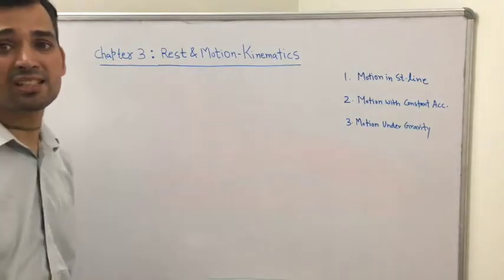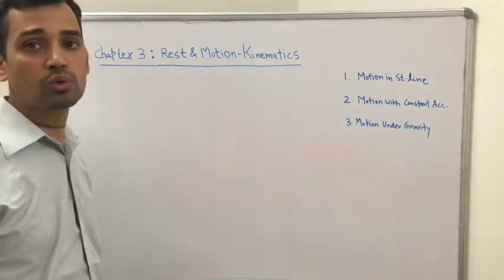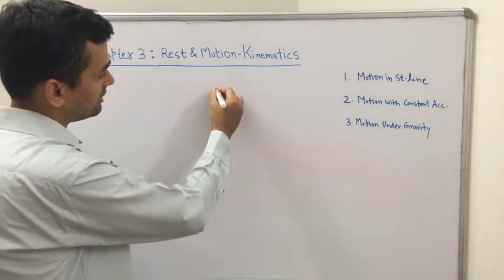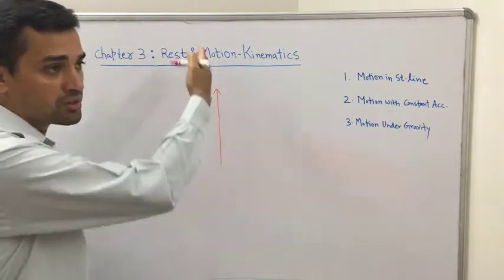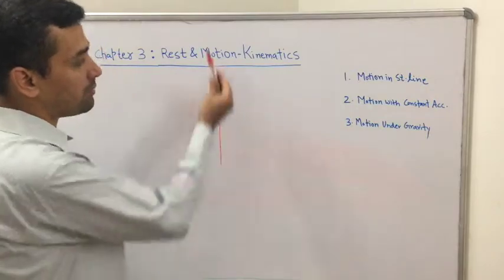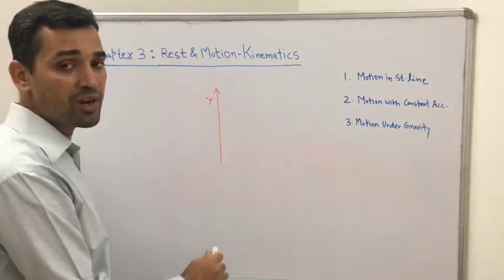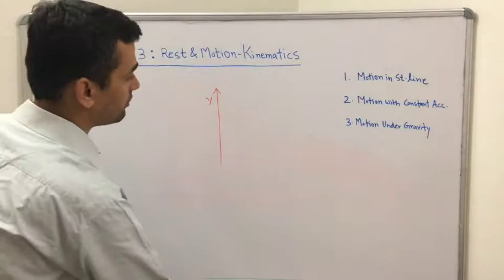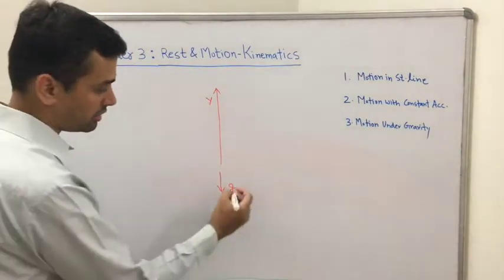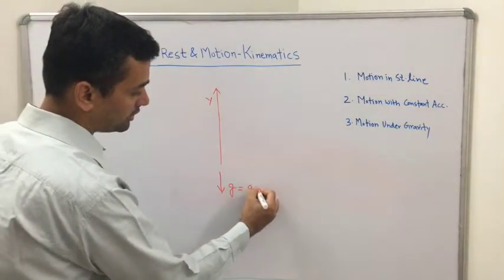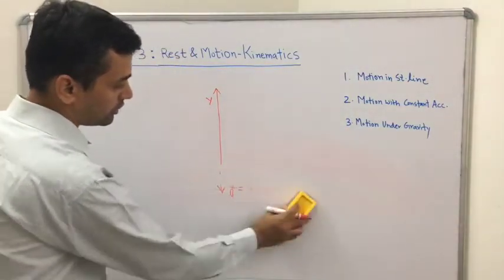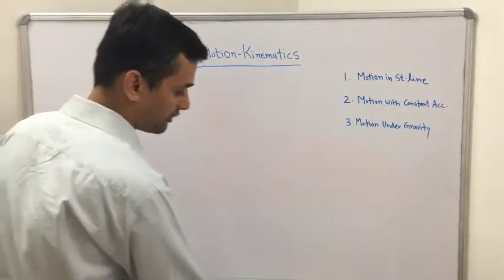In these cases, we have to fix our coordinate system in such a way that the y-axis becomes the axis along which the motion happens. Sometimes we take the up direction as positive y, and sometimes the down direction as positive y. Of course, we know that acceleration due to gravity will always be acting downwards. This acceleration due to gravity is g, its value is 9.8 meter per second square, and it is always constant. Now let us try to understand this by way of an example.